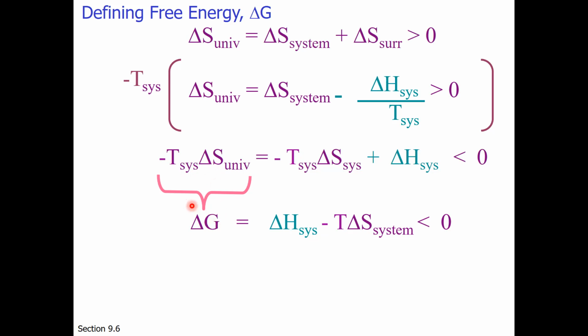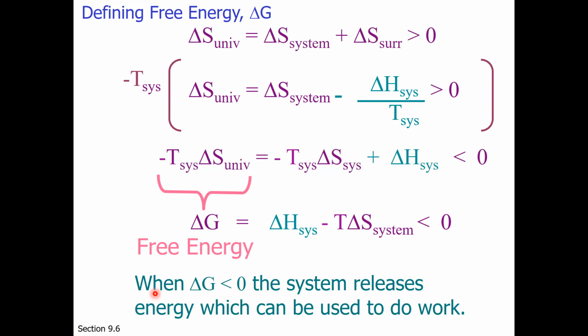So this term takes into account what's happening in both the system and the surroundings. We give this term a name. Delta G is known as free energy. So when delta G is negative, the system releases energy which we can use to do work.